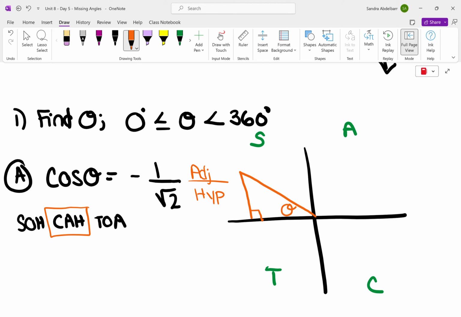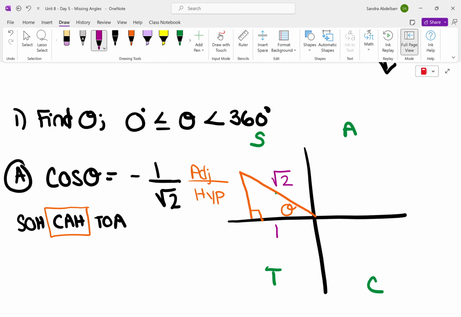So adjacent to theta will be 1, and the hypotenuse will be root 2. So adjacent to theta is 1. The hypotenuse is root 2. Anybody confused with how I got those numbers 1 and root 2? Okay, great. We're going to get there, yeah?